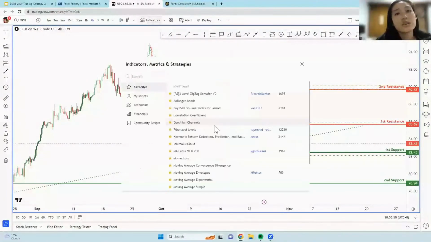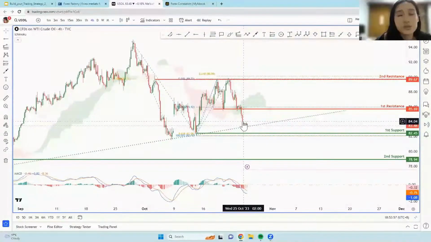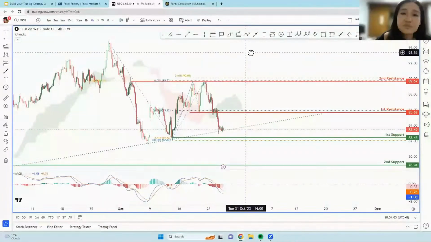Now let's look at some indicators. Same thing: price is moving below the Ichimoku cloud, so it's giving us a bearish signal. MACD is also giving us a bearish signal.